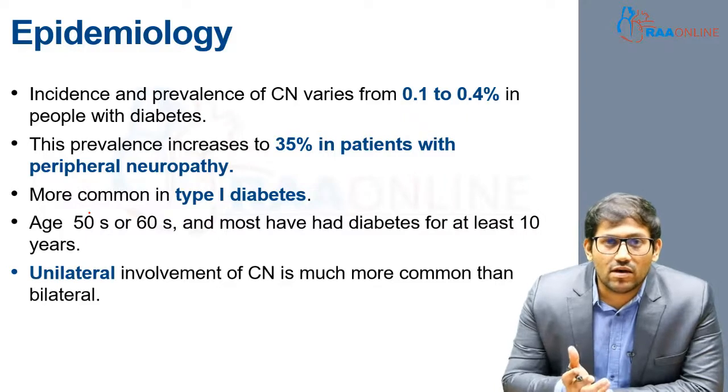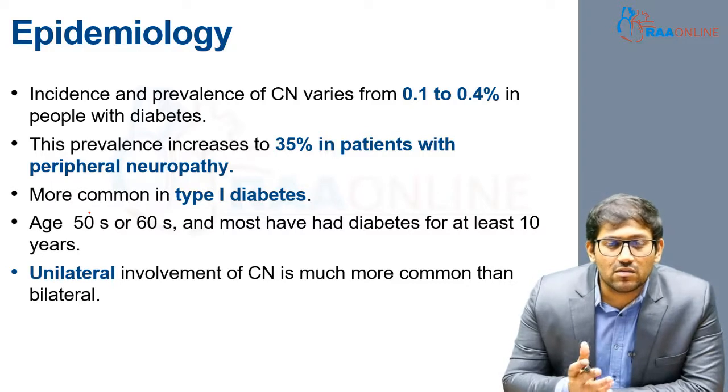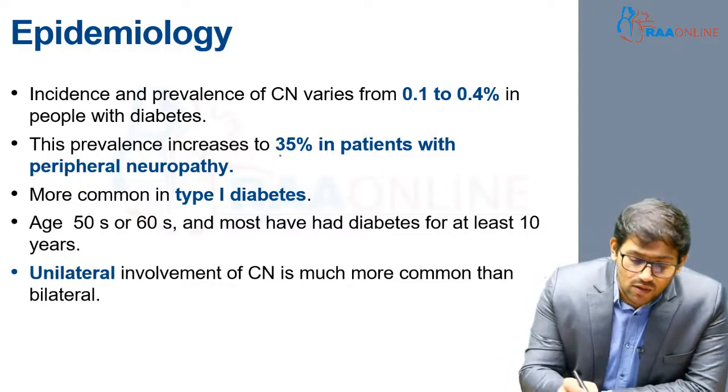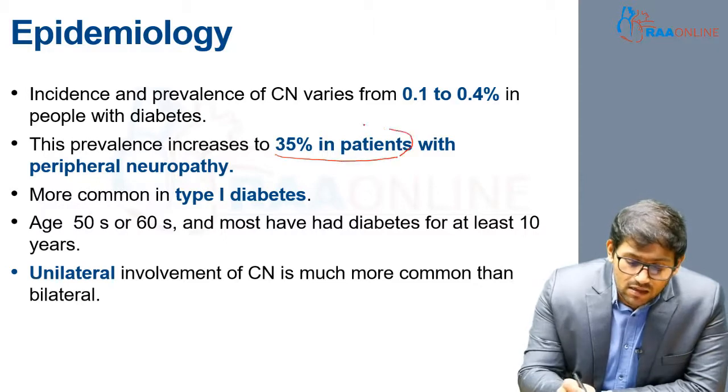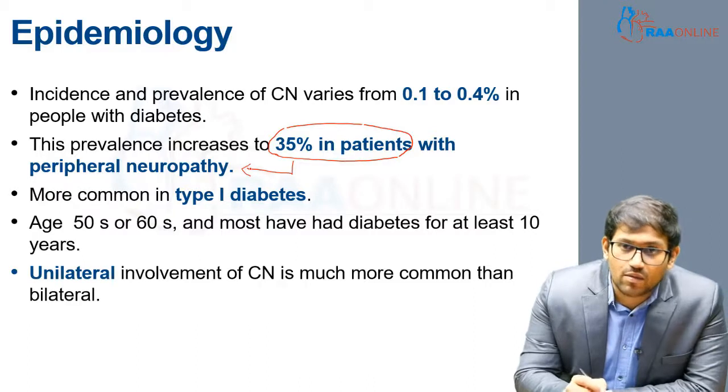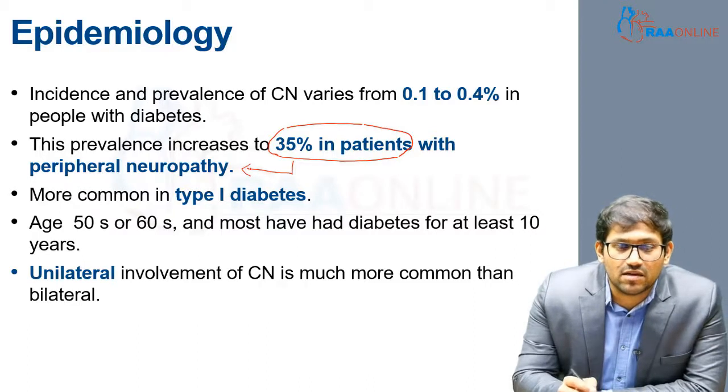So in order to know that, you need to know the prevalence. The prevalence is about 0.1% to 0.4% in patients with diabetes. The prevalence increases to 35% when the patient has a peripheral neuropathy with diabetes mellitus.